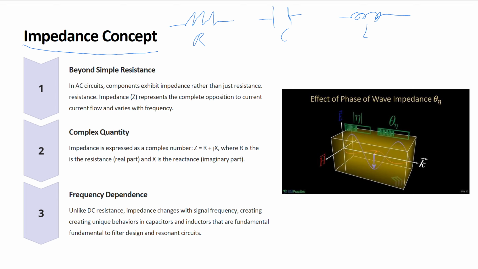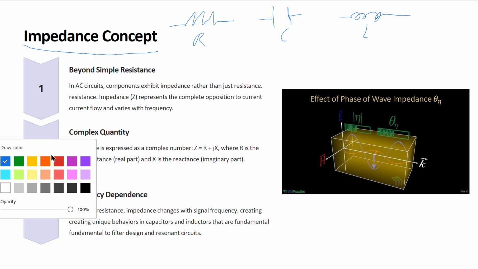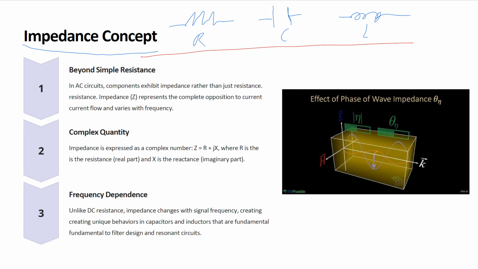Now in DC, we said resistance remained resistance, capacitance is an open circuit, and inductance is a short circuit. But what would happen in an AC signal?